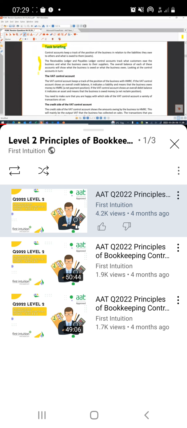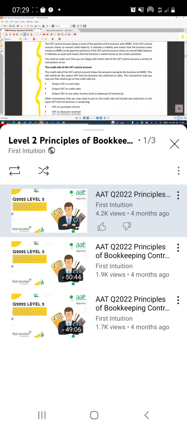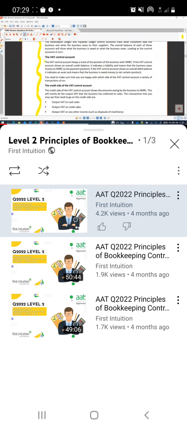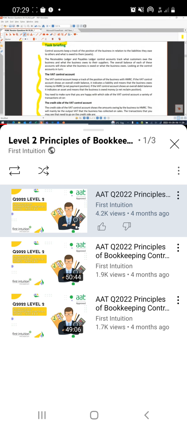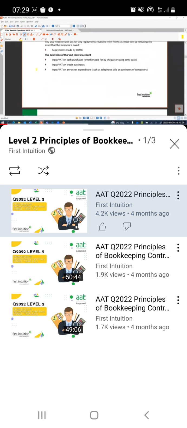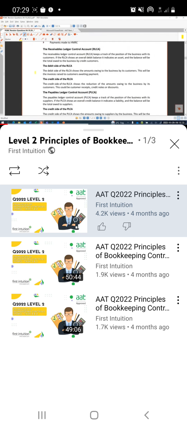So this is really useful if you feel a little bit rusty on control accounts. At some point in your own time, you might like to read through that task briefing and treat that section like a little set of revision notes. I think that would be really helpful, potentially to get you back up to speed if it's been a little while since you've looked at this, or maybe you feel that you've never really understood it and you could do with a bit more help.